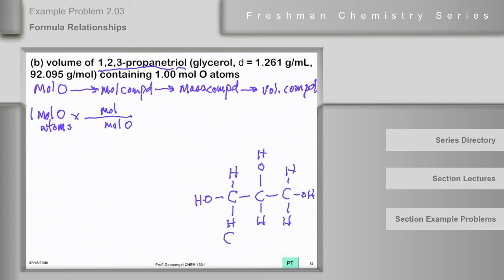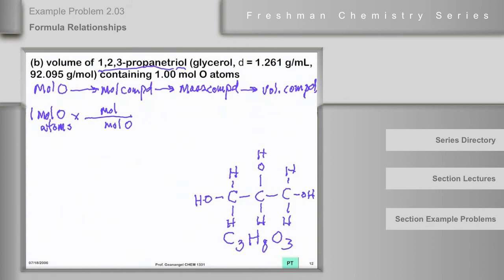So there's 3 carbons, C3. How many hydrogens? 1, 2, 3, 4, 5, 6, 7, 8, right? Yes? Above or below does not matter. This is strictly a 2-dimensional thing. C3H, what was it? 8O3.